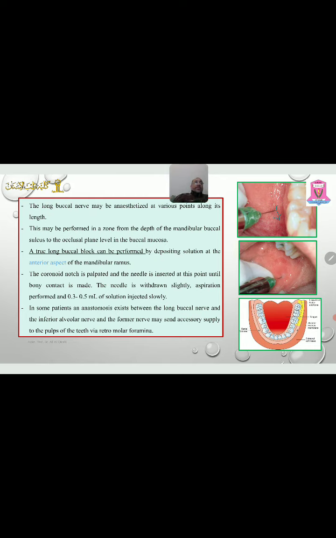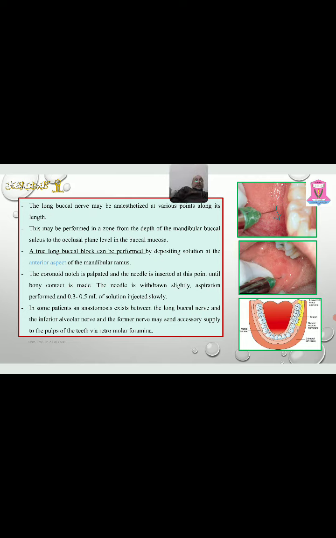This may be performed in a zone from the depth of the mandibular buccal sulcus to the occlusal plane level in the buccal mucosa. A true long buccal block can be performed by depositing a solution at the anterior aspect of mandibular ramus, which is the best method.